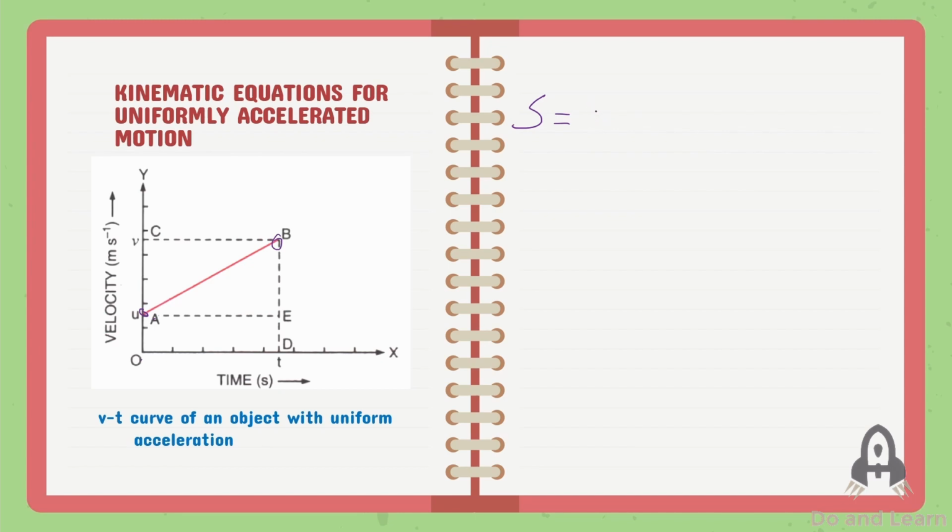So that is equal to the area of rectangle OAED plus the area of triangle ABE.